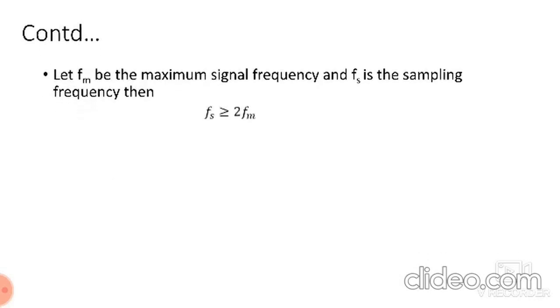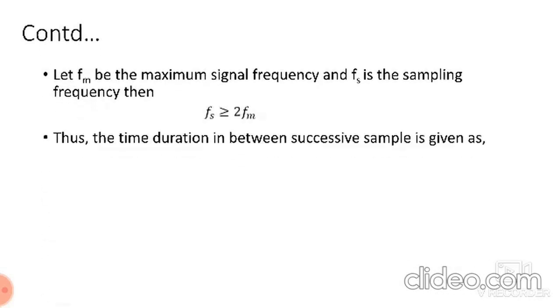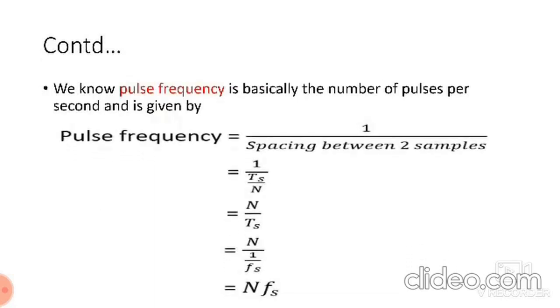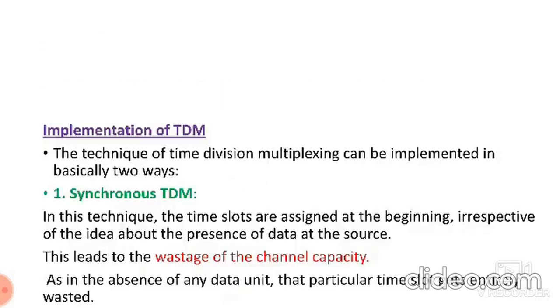Here the maximum frequency is Fm, and for sampling, Fs should always be greater than or equal to 2 Fm, and Ts is equal to 1 by Fs, so Ts is less than or equal to 1 by 2 Fm. This is the basic concept used in time division multiplexing, and the pulse frequency will be 1 by Ts, that is n Fs.